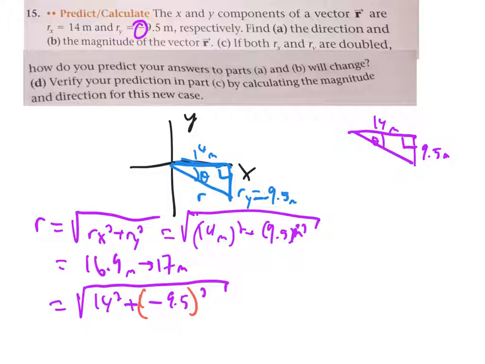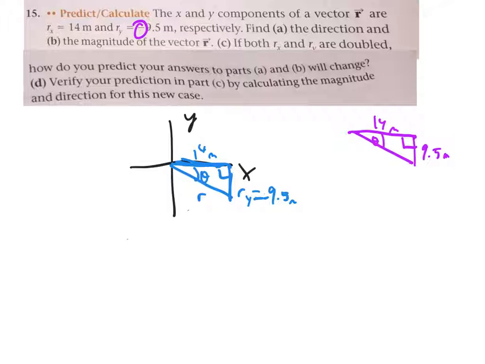All right, now to get theta out of the purple triangle, for instance, we might say that the tangent of theta is, by definition, the opposite side over the adjacent side. So in this case, it's 9.5 meters over 14 meters.